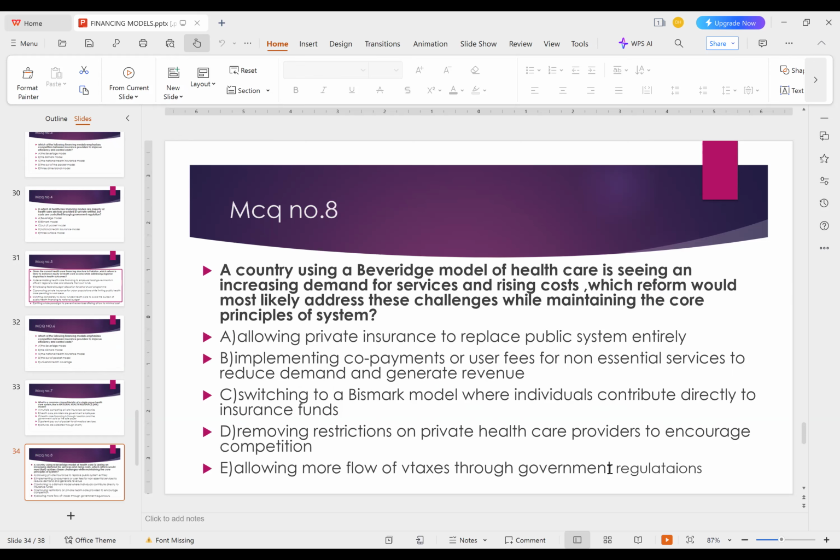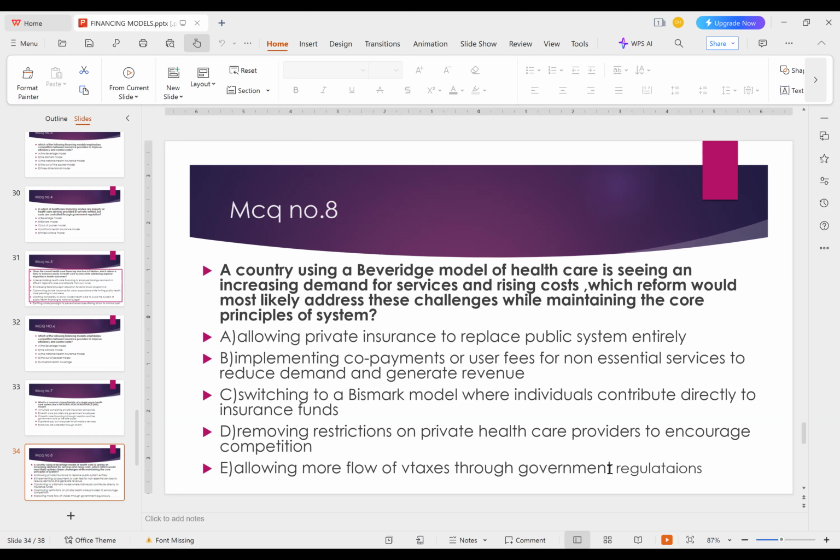MCQ number 8. A country using a Beveridge model of healthcare is seeing an increasing demand for services and rising costs. Which reform would most likely address these challenges while maintaining the core principles of the system? A, allowing private insurance to replace the public system entirely.